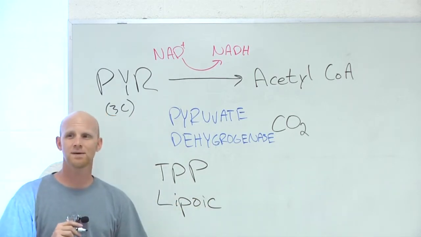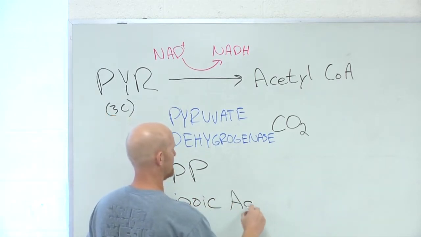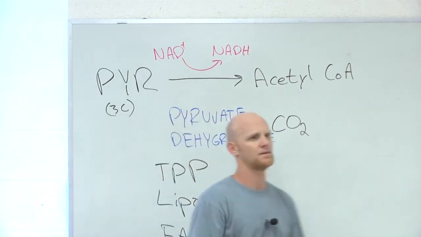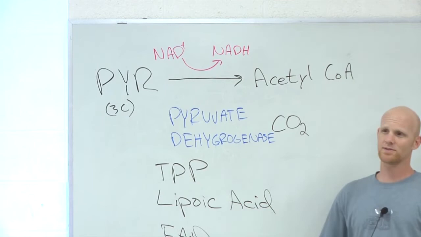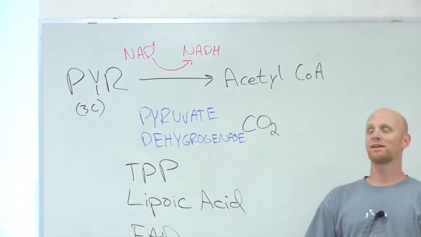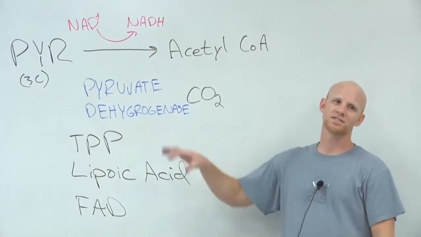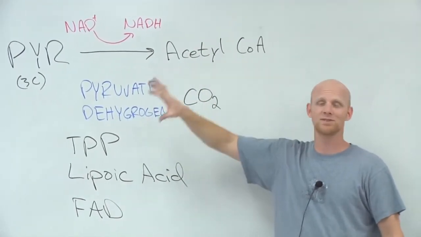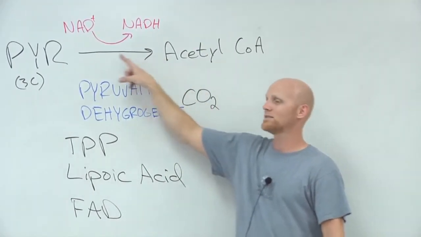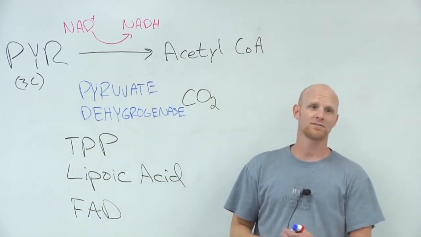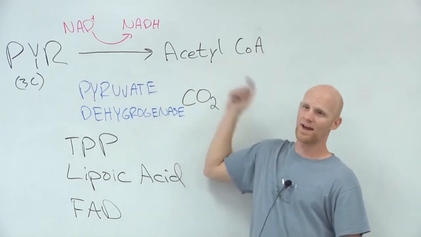It's like 4 or 5 steps. Lipoic acid is involved, and your flavin cofactor is also involved, FAD. Lots of players involved here, and also some regulation that I'm going to leave alone. So this is one thing you definitely want to go back on. It's rather complex for just drawing one little quick arrow.